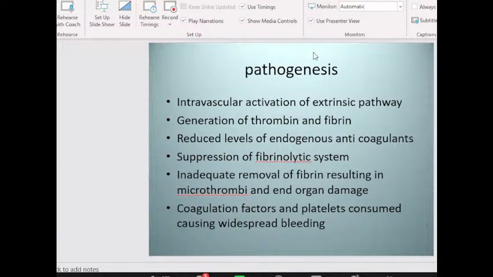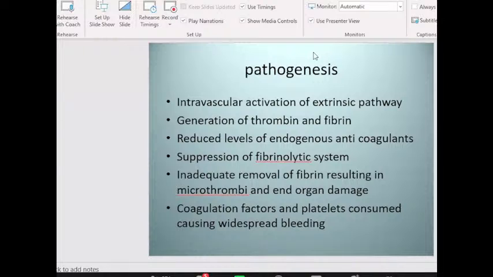So we get renal failure principally that can take place. So the renal functions get altered. So it's quite a multisystemic disease. Various organs get affected, and it is a life-threatening condition.